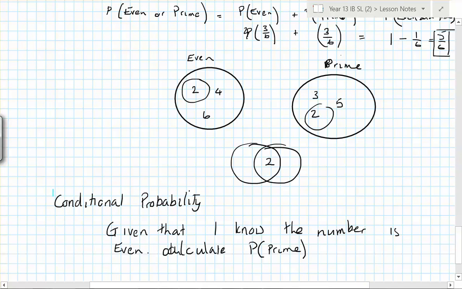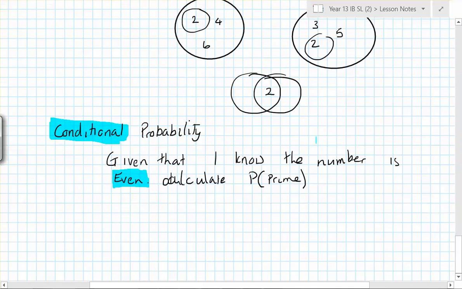So the conditional probability is a condition has already been set. You are allowed to leave school if you have done your work. This one is, the condition is, I know the number is already even. So what is now the probability of it being prime? So that changes things.